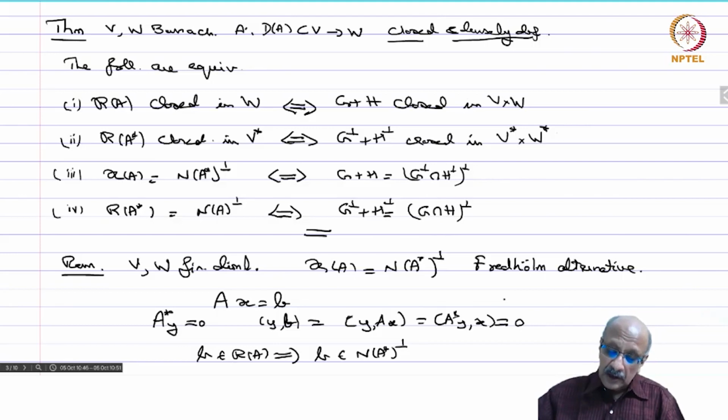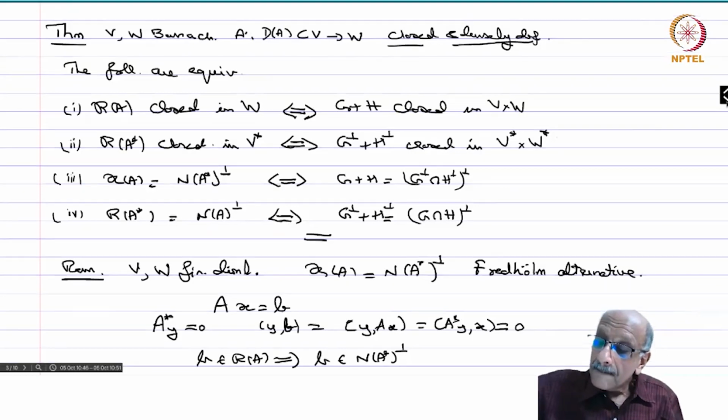So the annihilator of the kernel of the adjoint is precisely the range. So this is in fact the compatibility condition that B must satisfy in order that this equation has a solution. So this equation has a solution if B is in the range of A, and for that it needs to satisfy some condition, and that's precisely saying that y, b equals 0 for every y with A star y equal to 0. And that result is called the Fredholm alternative.